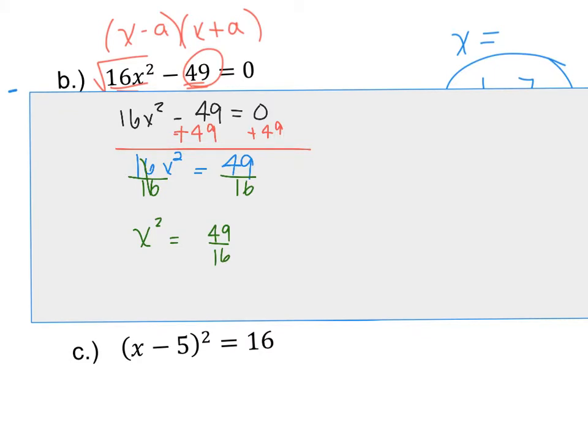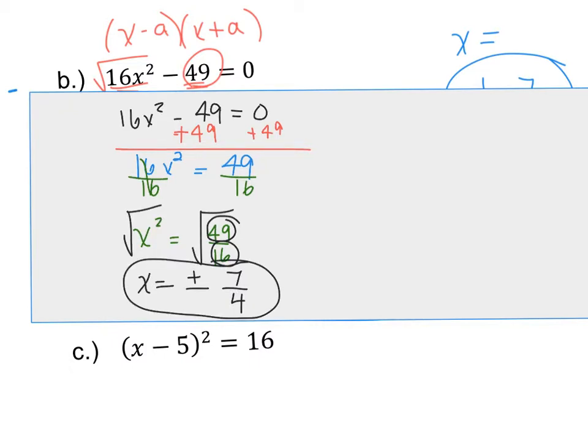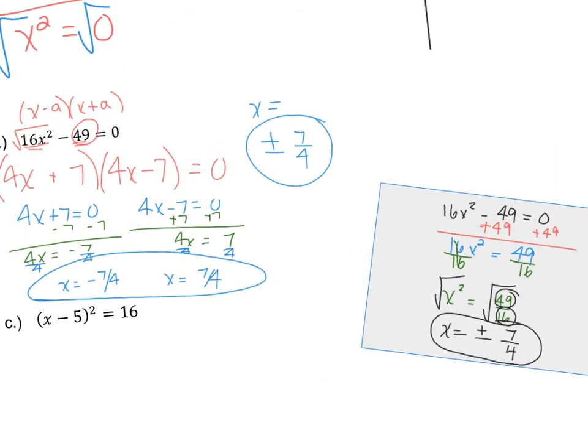From that, if I take the square root, I am going to get that x is equal to positive and negative. Well, the square root of 49 is 7, and the square root of 16 is 4. I still get the answer of positive and negative 7/4 if I did it this way, as opposed to the way that I just did over here.